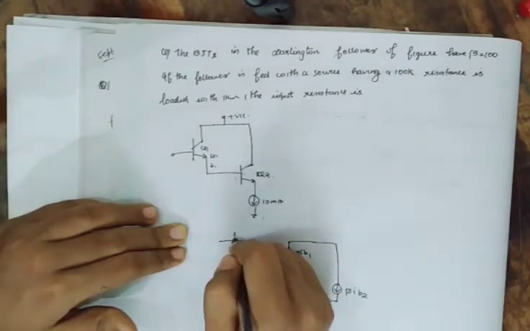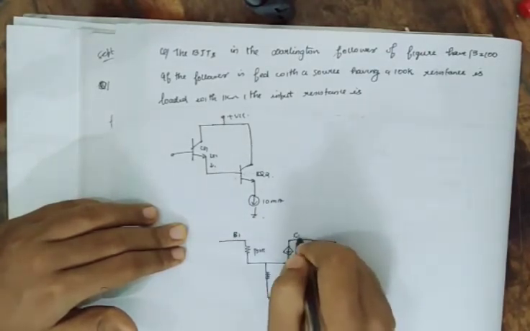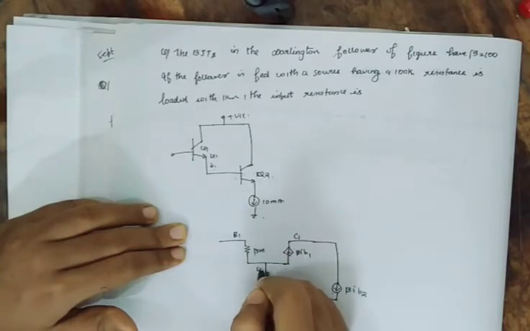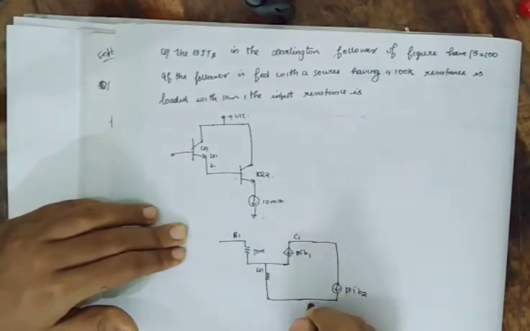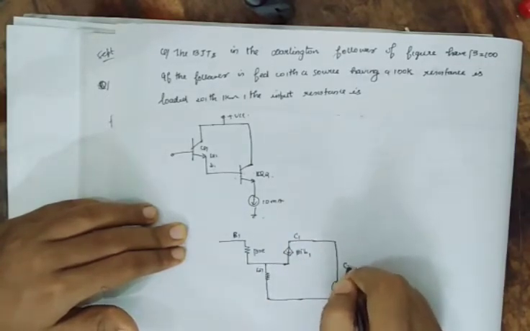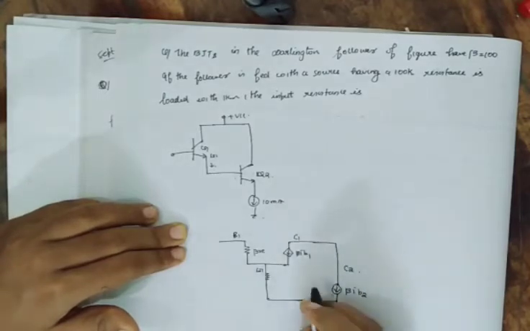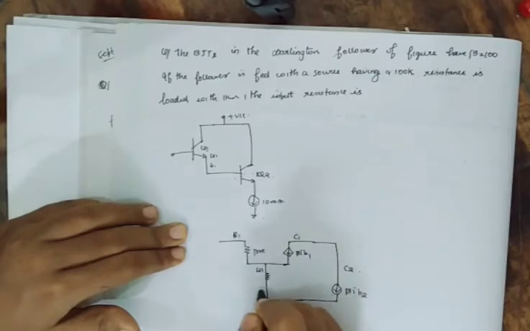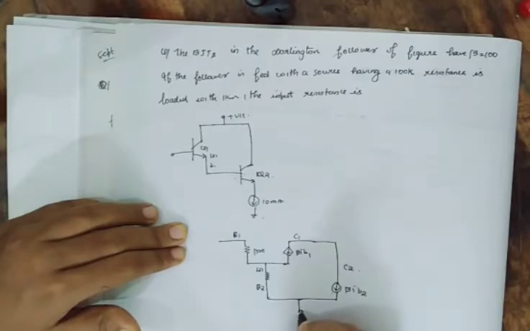So this is B1, C1, E1. E1 is connected to, this is C2, E1 is connected to B2, and then comes the emitter. So this is the emitter.